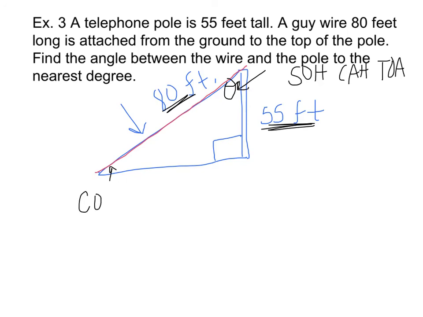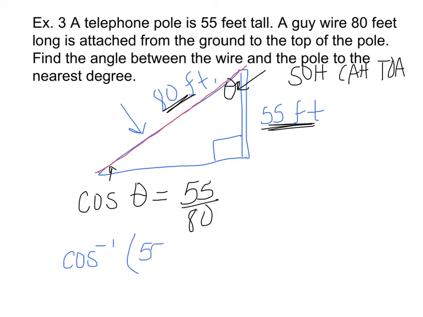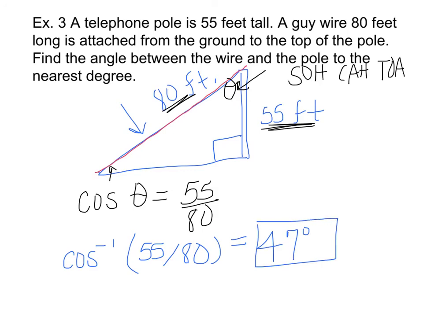So you have to do cosine of theta is equal to adjacent over hypotenuse. Since we're missing the angle, remember you have to use the inverse key. 55 divided by 80. So that angle would be 47 degrees. And then you are done.